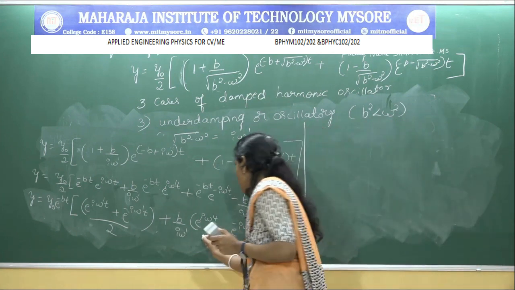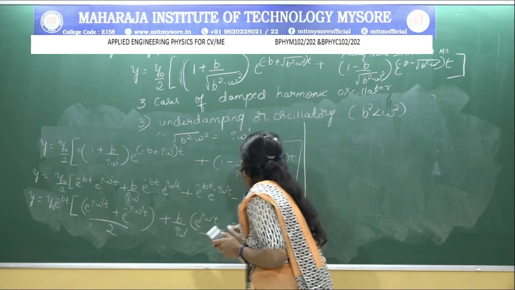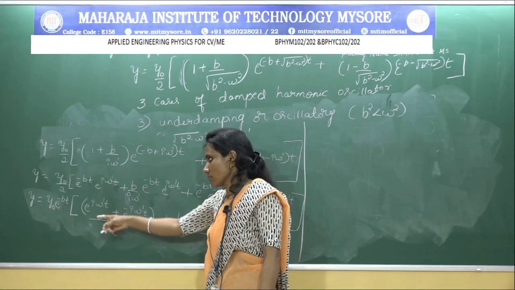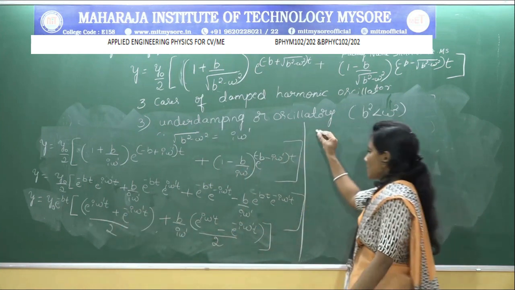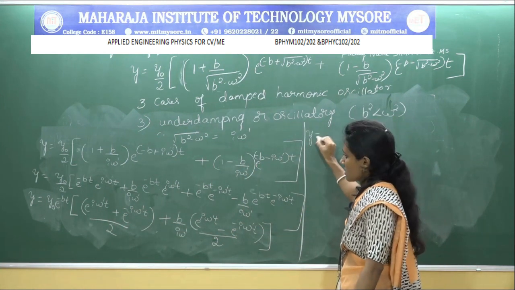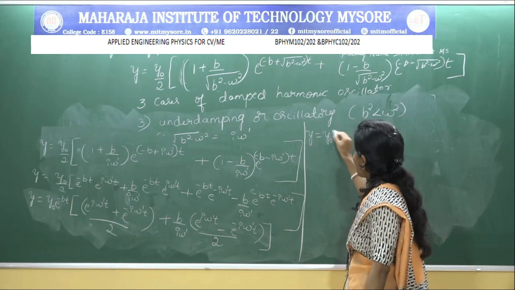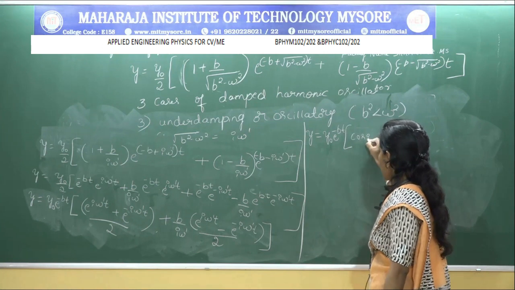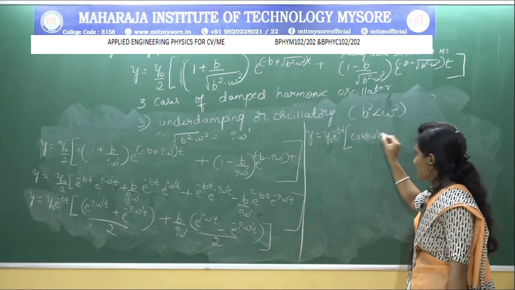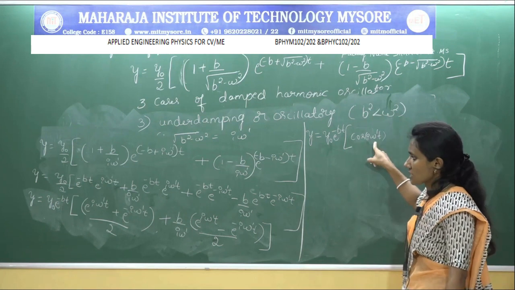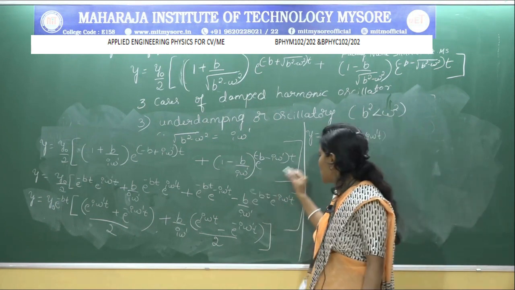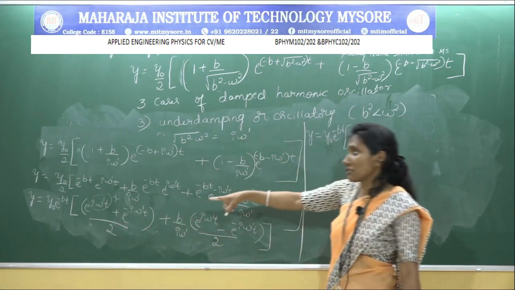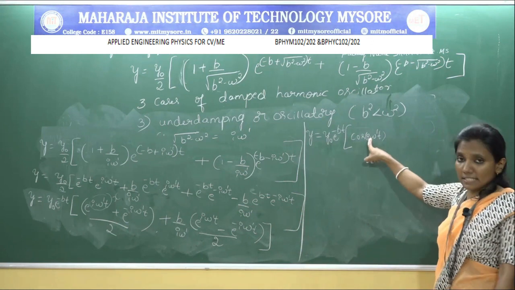Here also a 2 will come. This is in terms of the cos x formula. So this equation becomes y is equal to y naught e to the power of minus bt cos of omega prime t. Here cos x, this whole term is like x: e to the power of x plus e to the power of minus x divided by 2 is cos x.